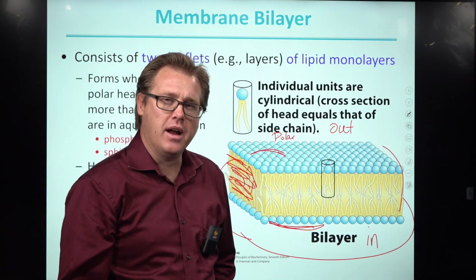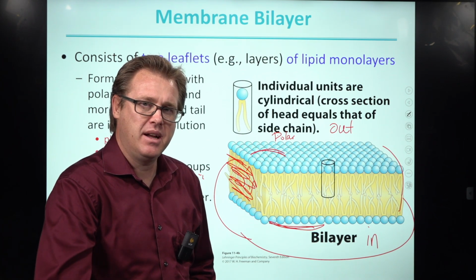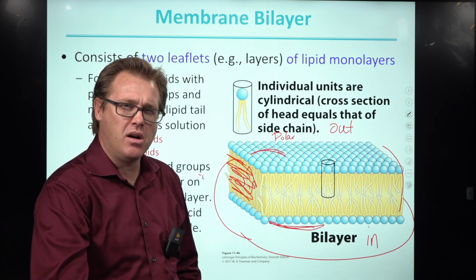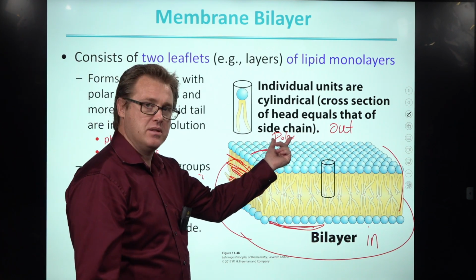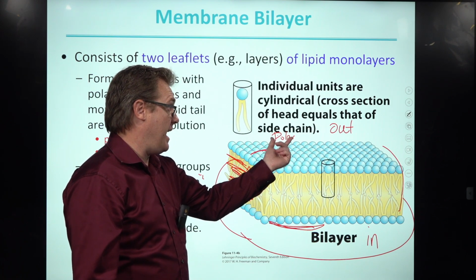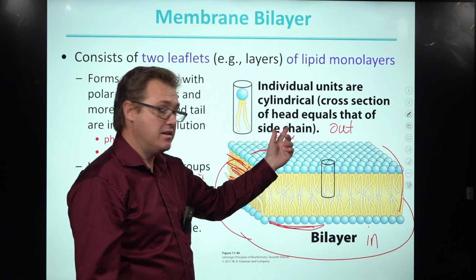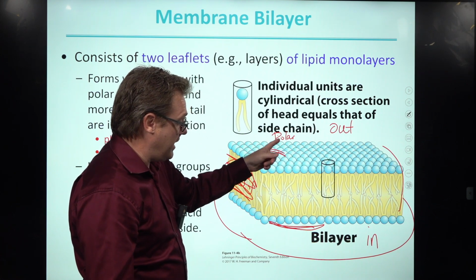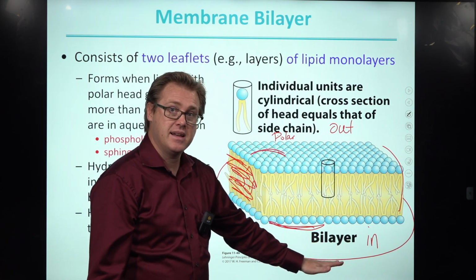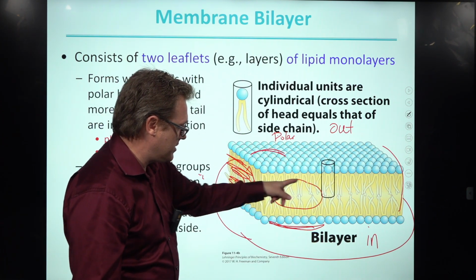No, it's not. Because remember, from organic chemistry, this principle, like dissolves like. If we have a polar compound and it's in the aqueous environment outside of the cell, it's fine. But that polar molecule, in order to get to the inside of the cell, it would have to traverse through all of this.